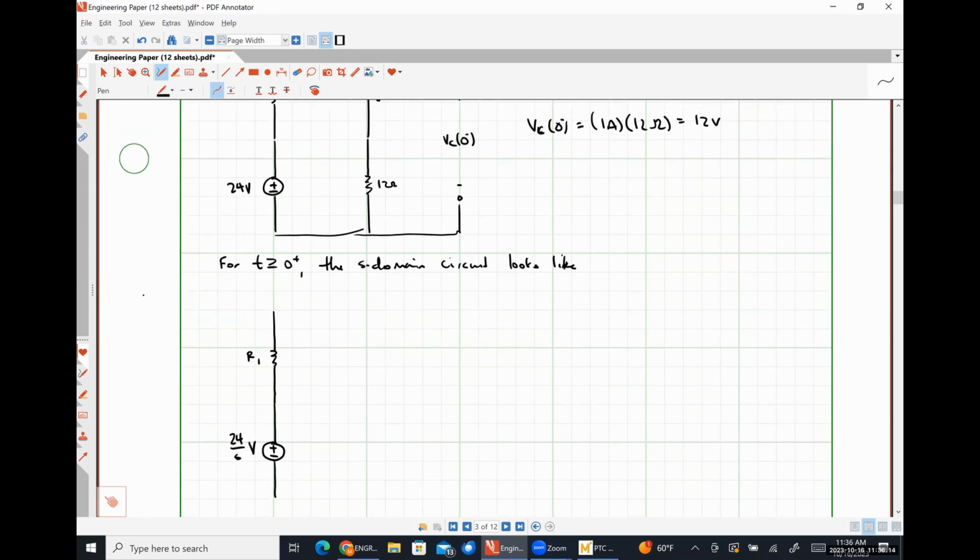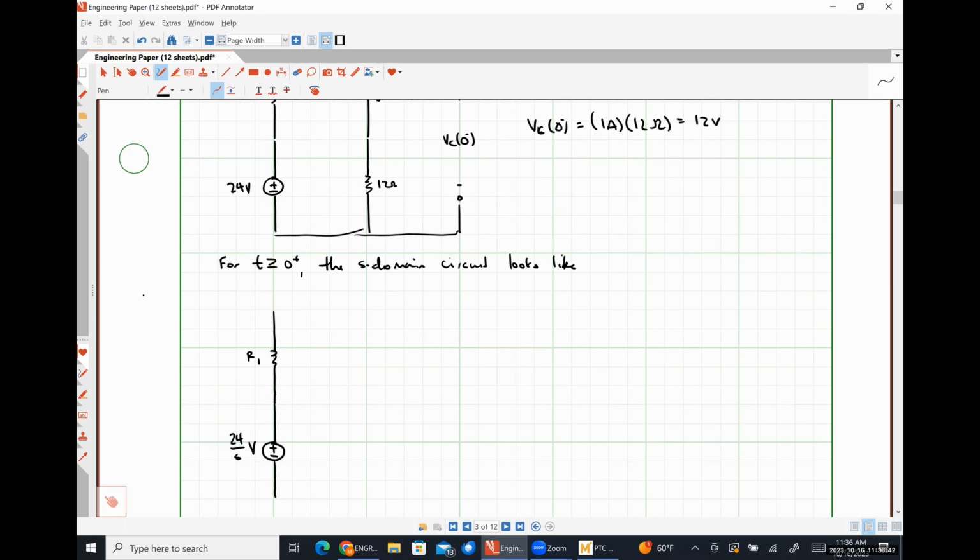This 24 volts that we have here in the time domain is valid for all points in time because it was a DC source that was always on and we never turned it off. Why am I representing it as if it were a 24 volt times a unit step function here? Because we're only interested over the interval where t is greater than 0.